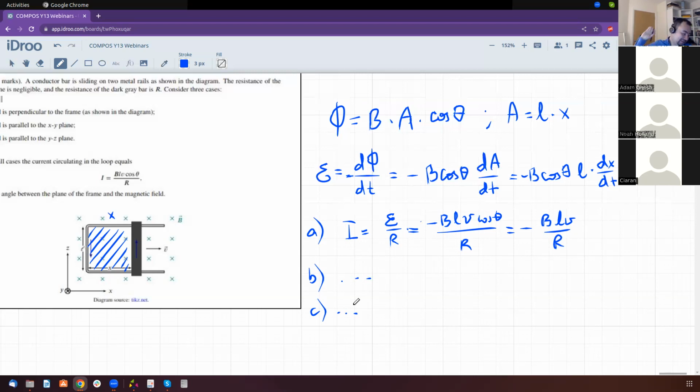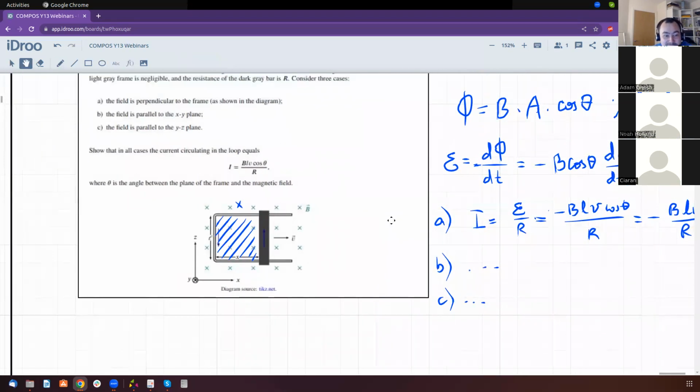Okay, so what I would like you to do in this case is do it from the point of view of the motional EMF. So you have a length of wire which is moving through a magnetic field with velocity v, and the motional EMF is LVB sine of pi over 2 minus theta, which is cos theta again.